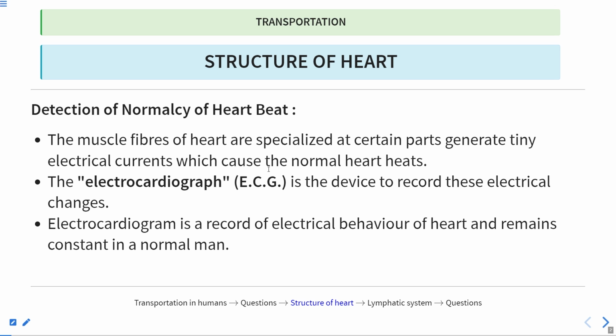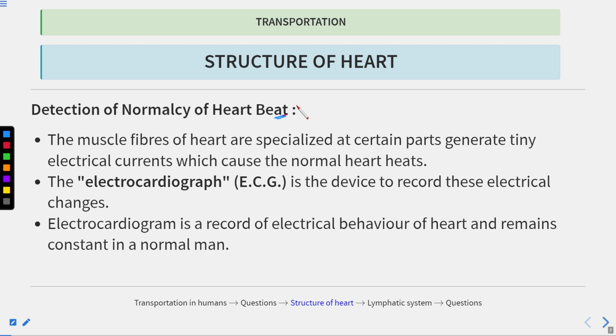This electrocardiograph is used for the detection of normalcy of the heartbeat. In the previous lecture, we were talking about the heartbeat. What is heartbeat? It is due to the systolic pressure and the diastolic pressure.